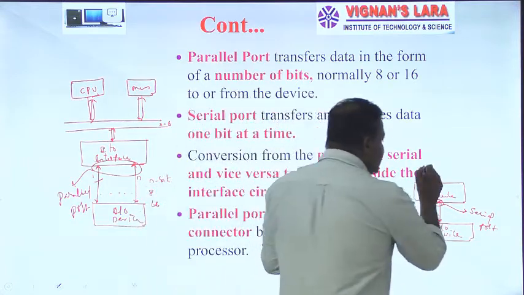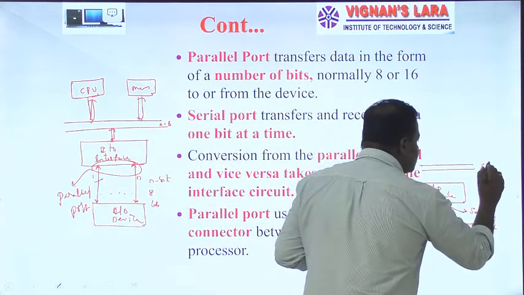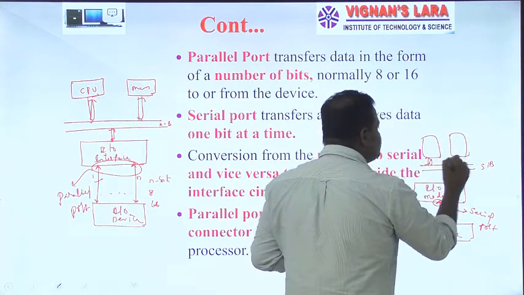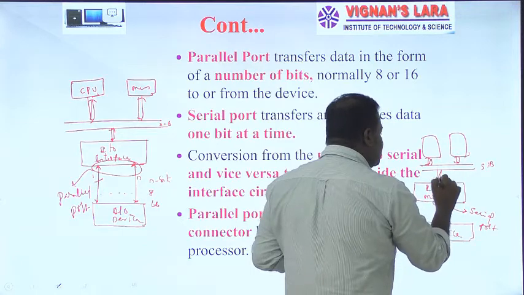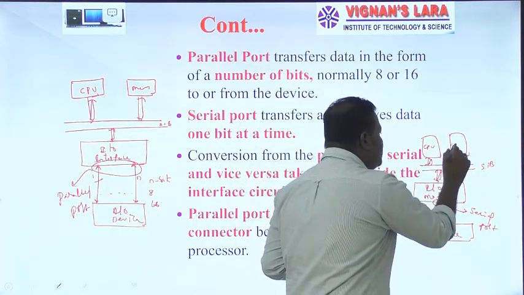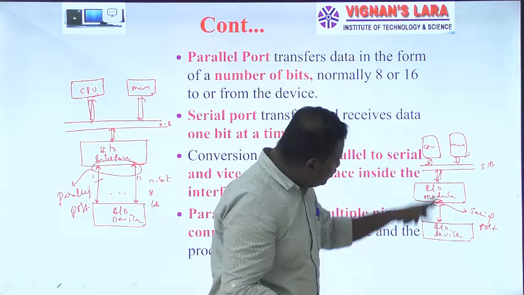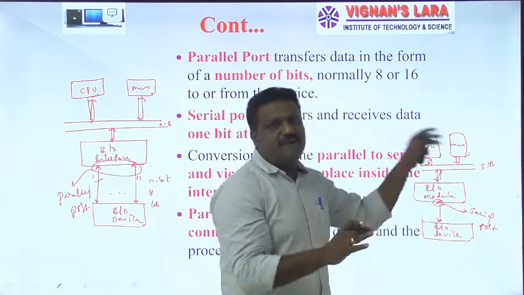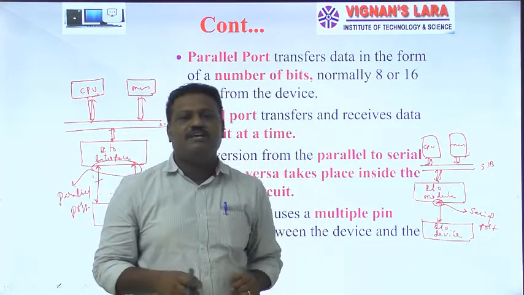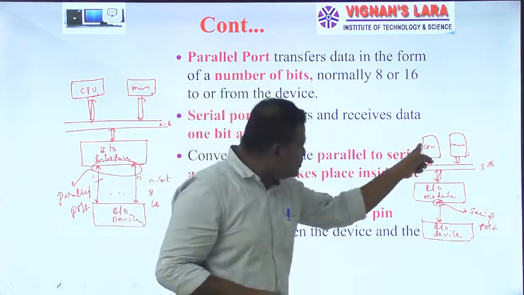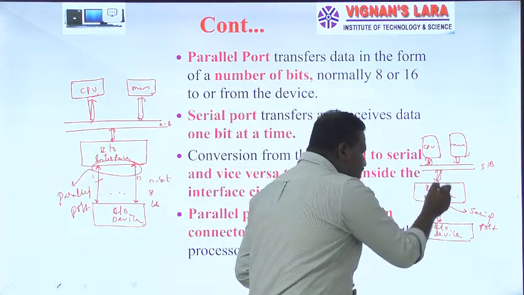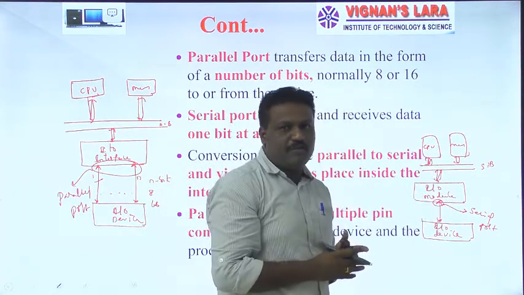The other end of this I/O interface has a system bus. In this system bus again we have a CPU connected as well as memory elements. No doubt this CPU or memory can communicate with this I/O module only in parallel. But this time the I/O device only knows serial communication. Whenever the CPU wants to communicate with this device, the CPU transfers data to this I/O module in parallel form.